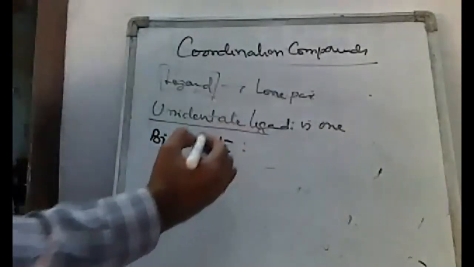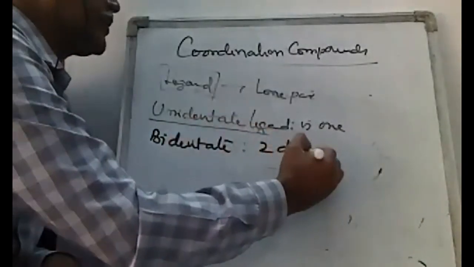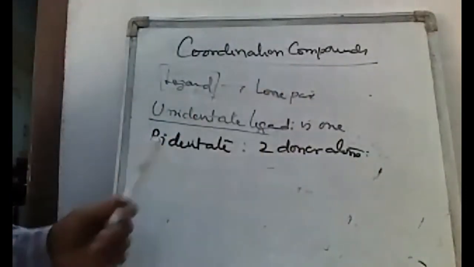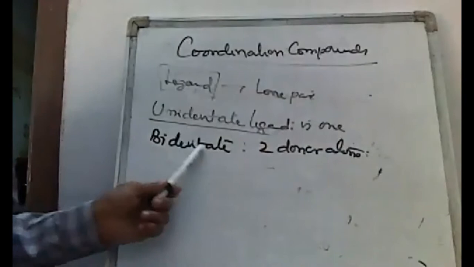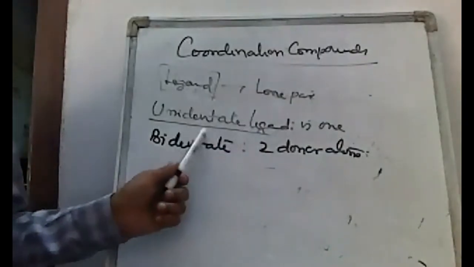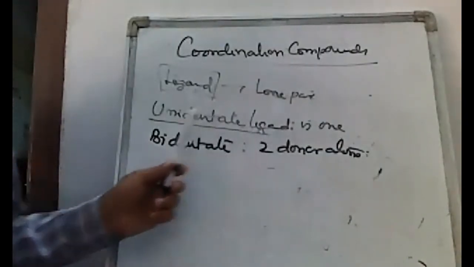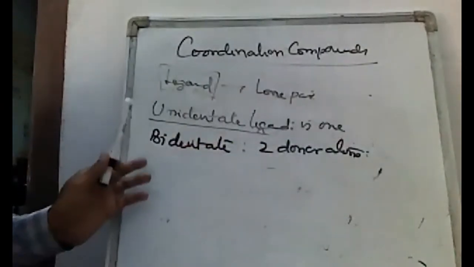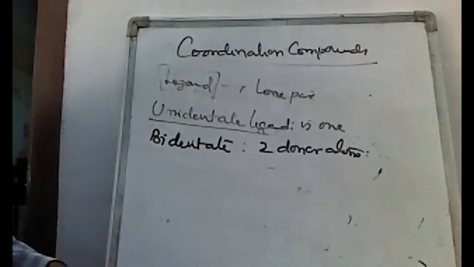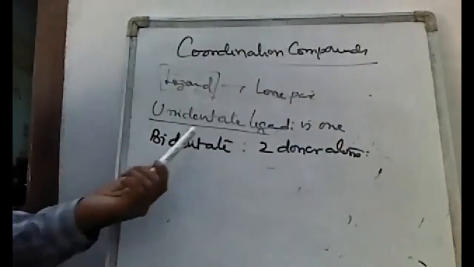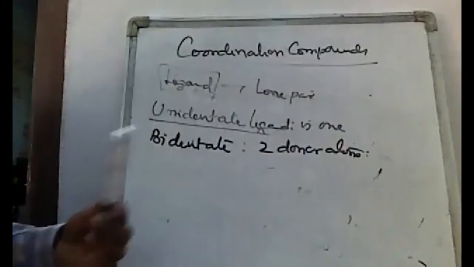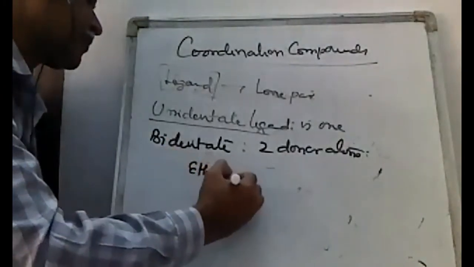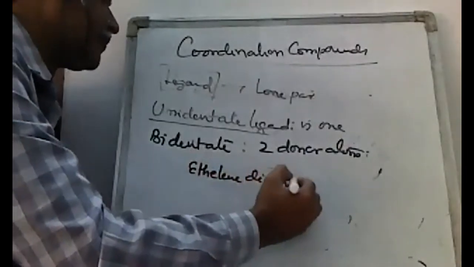Bidentate means which has two donor atoms. A bidentate ligand is one in which a coordinating entity, which may be an ion or molecule, is bound to the central atom or ion through two donor atoms. That one we are calling the bidentate ligand. For example, ethylene diamine.